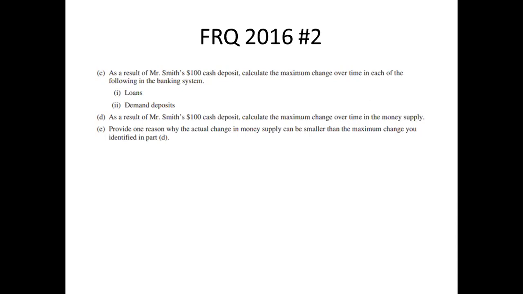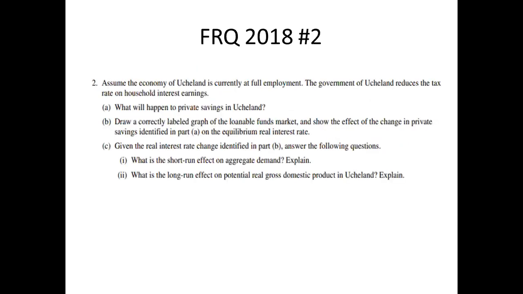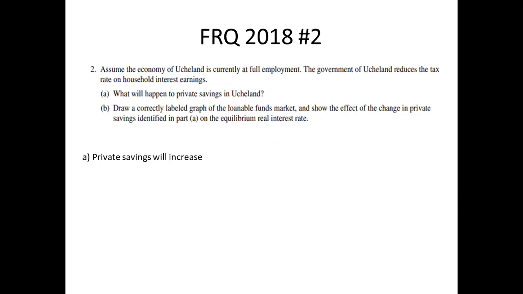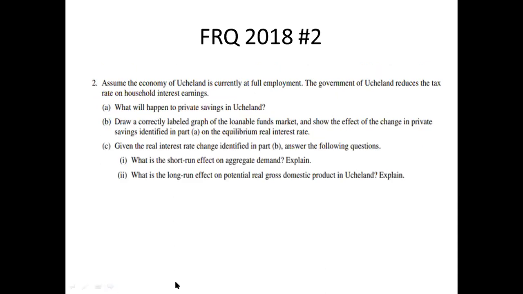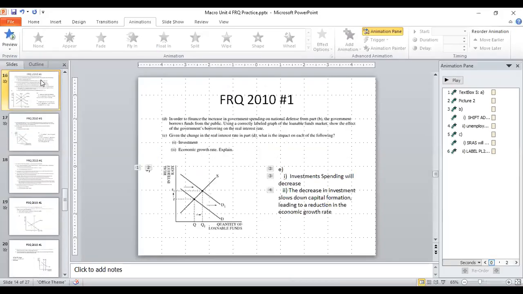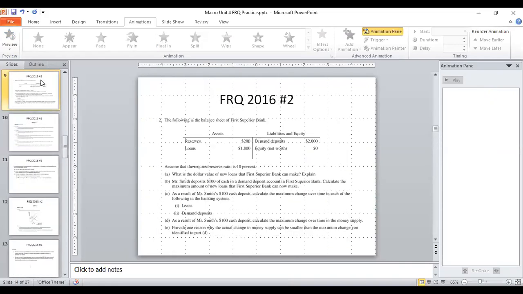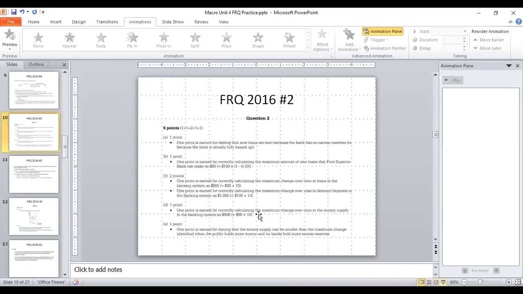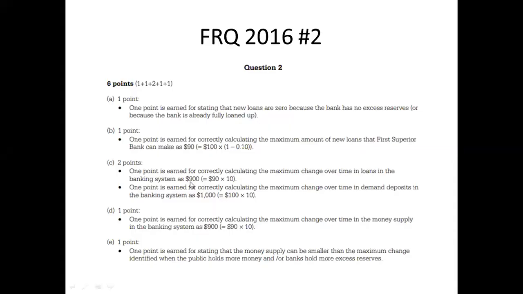Okay, so for loans, all right, so for loans, what it's going to be is $900.